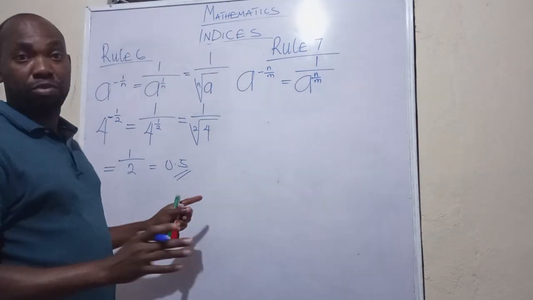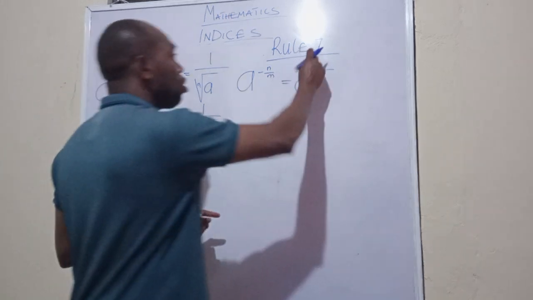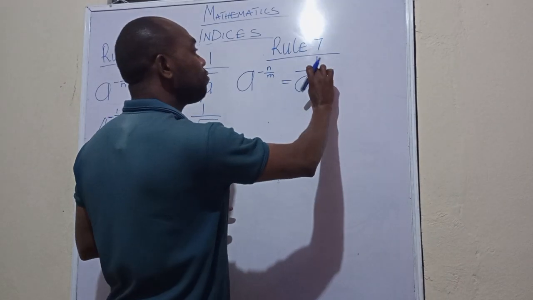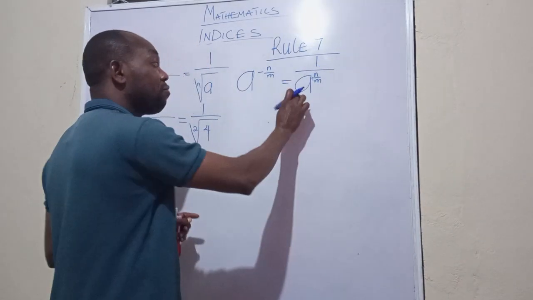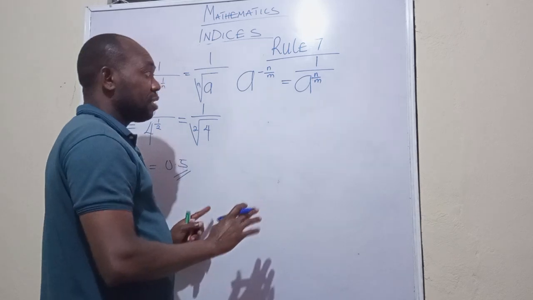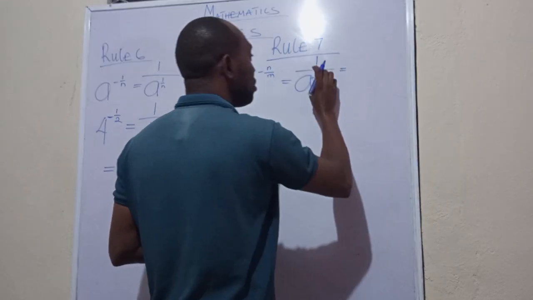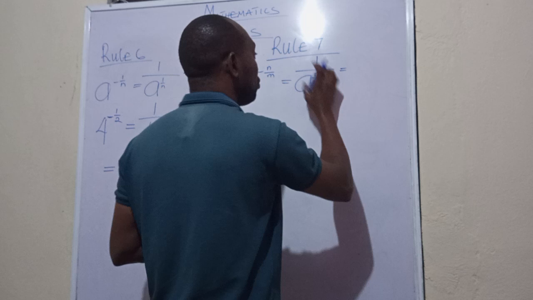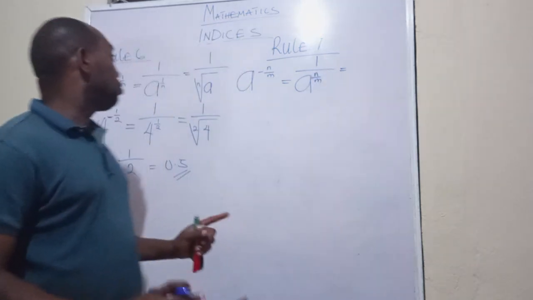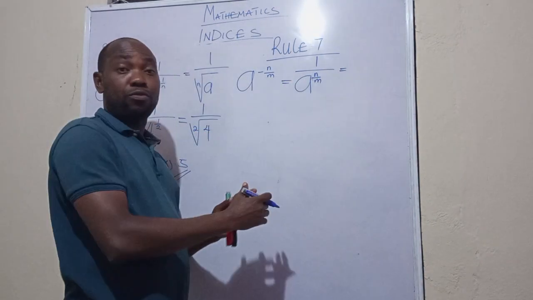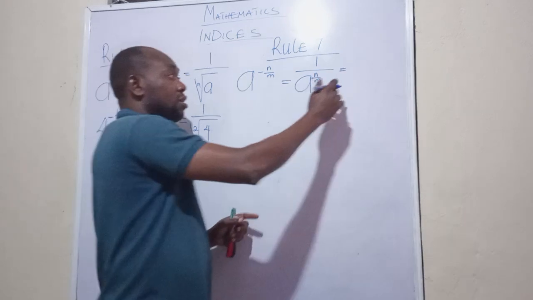And that is the expression. Now, this 1 over is not for n over m, but for a. Now, in the expression, this is another rule which was rule 5. So rule 5 will play its own role by expressing itself.